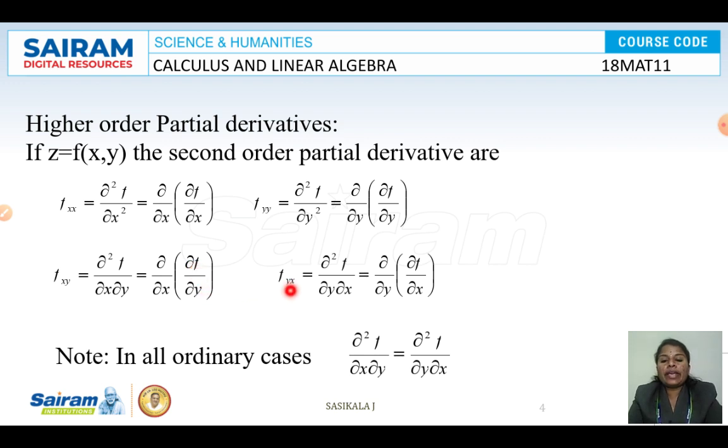And f yx is dou squared f by dou y dou x, which is dou by dou y of dou f by dou x. In all ordinary cases, whether you differentiate as dou squared f by dou x dou y or dou squared f by dou y dou x, both will give the same answer.